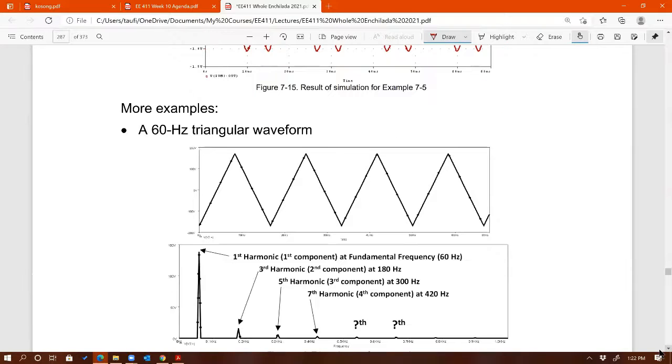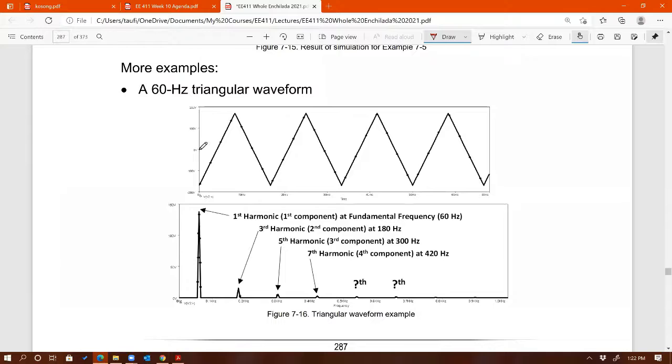A triangular waveform. It looks like a sine wave, but it's not quite. You can see that it is trying to mimic a sine wave, but it's not quite. So therefore, I know that we're going to have frequency components other than the 60 hertz.